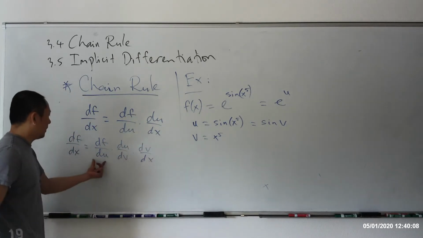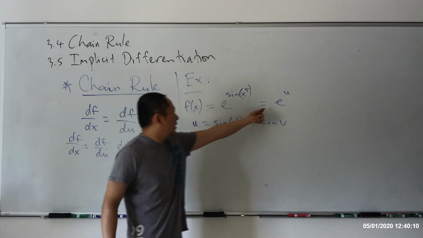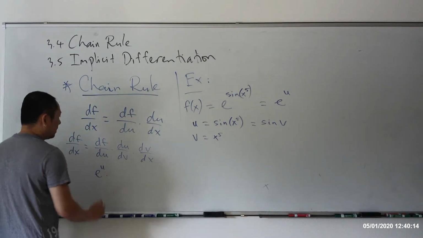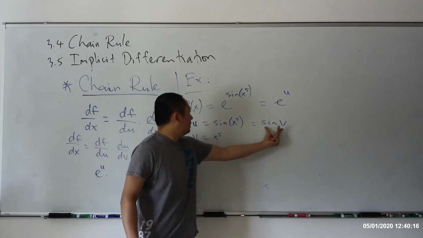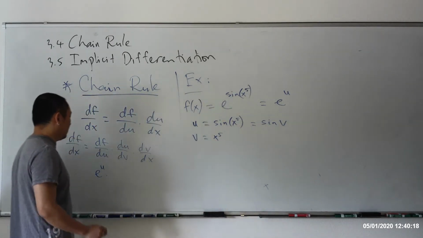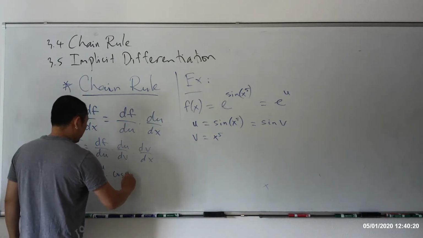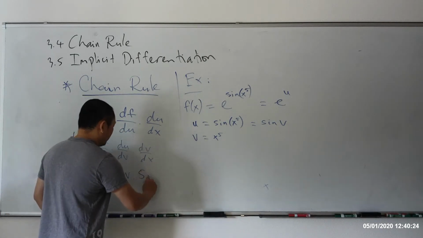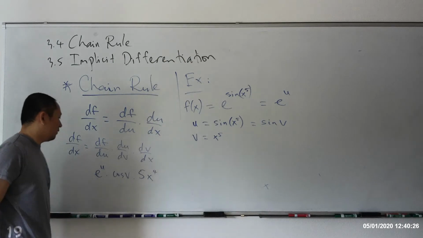Okay, do one thing at a time. What is df over du? Right here, e to the u, the derivative is e to the u. du over dv, right here, sine v, the derivative is cosine v. What is dv over dx? It's 5x to the 4. Now replace the u and v by whatever you have.